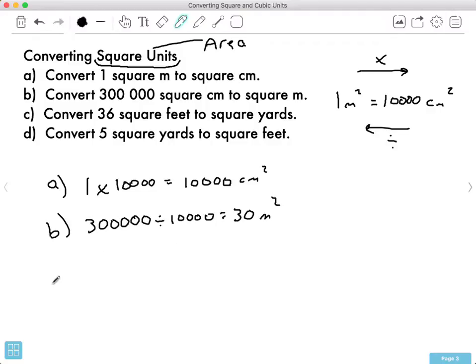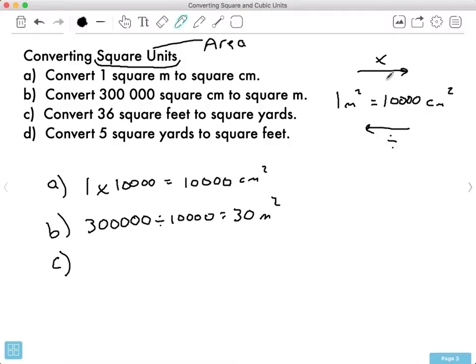Apologize for my exponent there with my little pen here. We'll do the same thing with feet and yards. This is very common, especially in the Applied 4D exam, working with feet and yards.